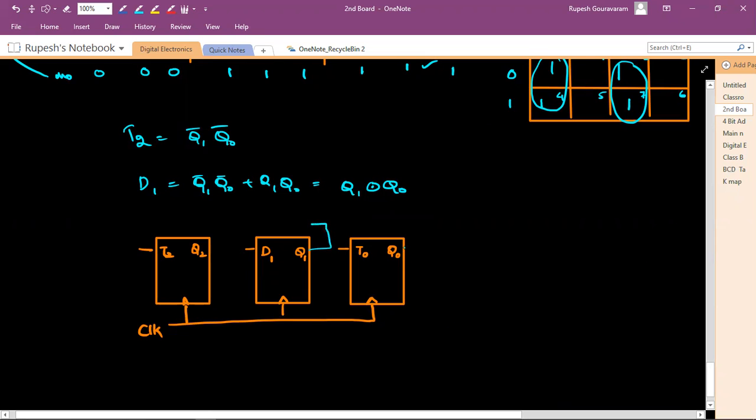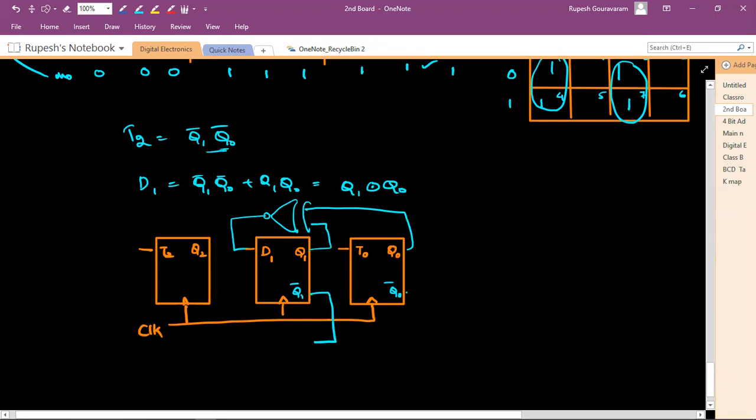Take Q1, take Q0 also. When you XNOR both of these, it is applied to D1. What about T2? Q1 bar, Q0 bar. Q1 is here, Q1 bar is here, and Q0 bar will be here.